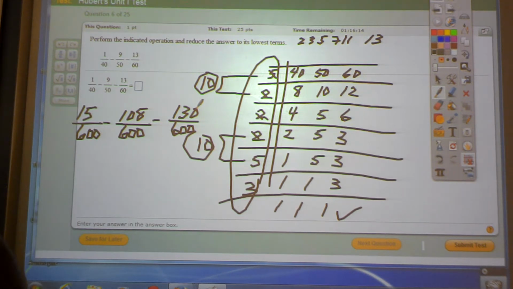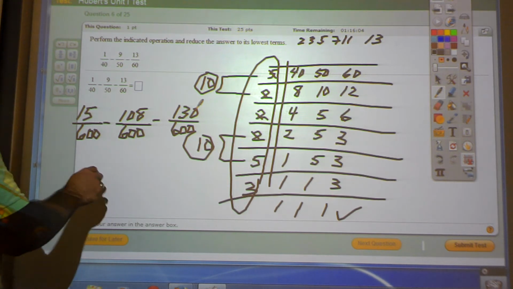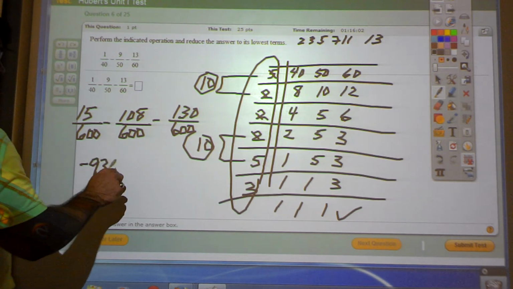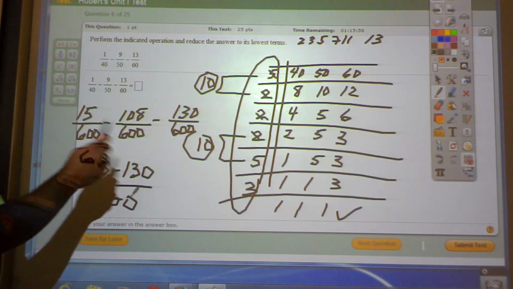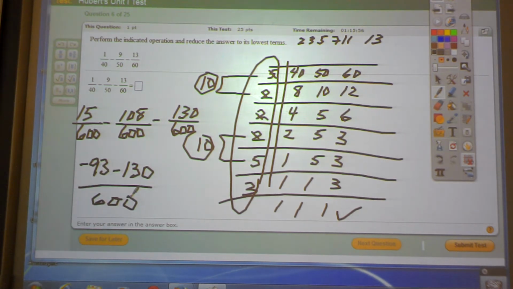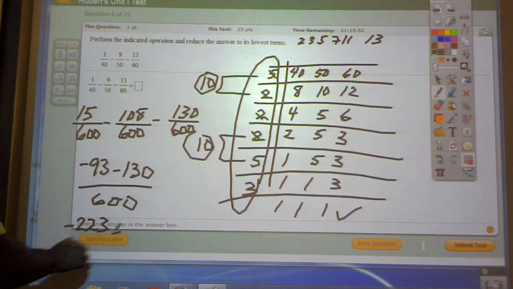You said 15 minus 108, right? Oh, I'm sorry. What's 15 minus 108? Negative 93. Negative 93 minus 130 is negative 223, over 600. Thank you, negative 223 over 600.